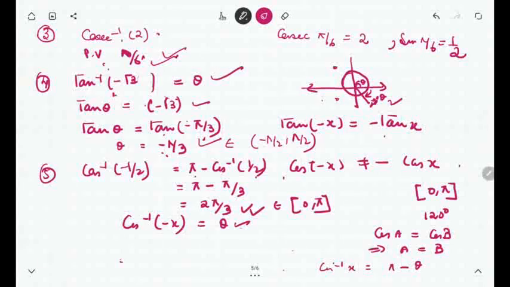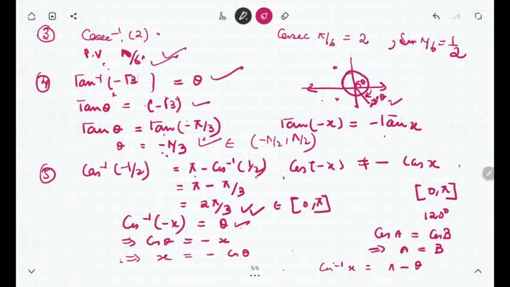Put cos inverse minus x as theta. This is a recalling of the concept also. We did this in the previous video, but now we are doing it here. This implies cos theta is minus x, which implies x is equal to minus cos theta.